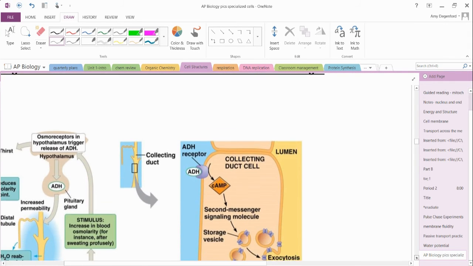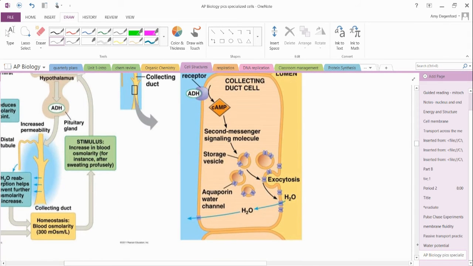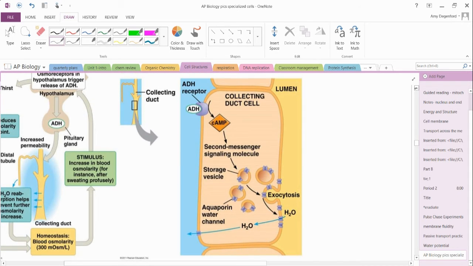So if we just sneak down here, here's how it happens. Now, there's something in this diagram that should look a little familiar to you. You have these little vesicles that contain a molecule called aquaporin. And aquaporin is really intriguing. It's a protein that creates pores, channels for water.